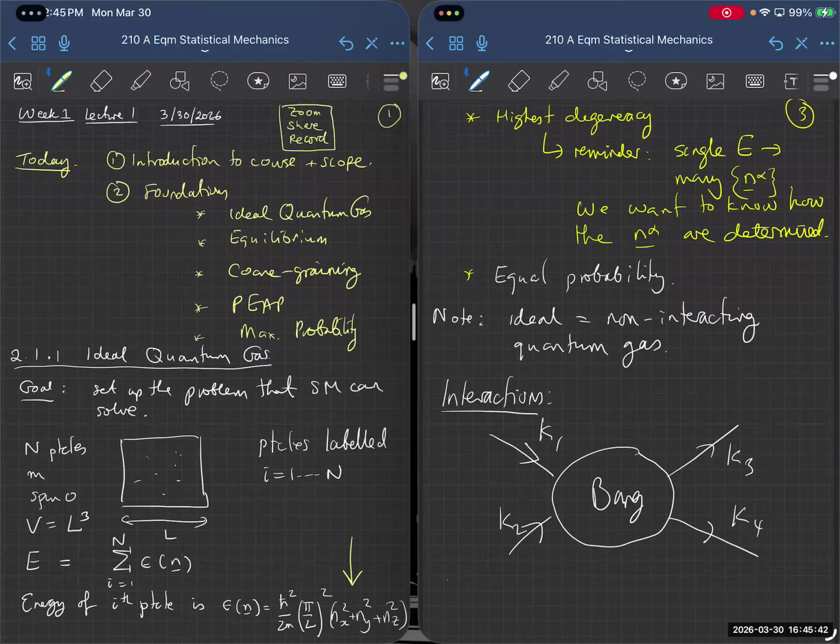So interactions change momentum, and therefore it means they change quantum numbers.